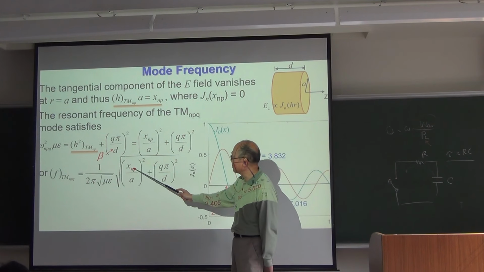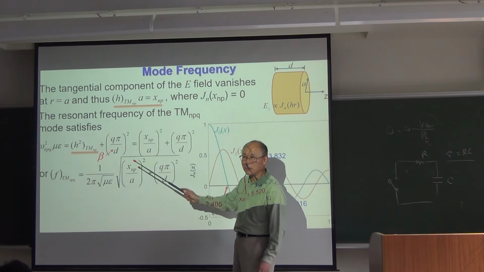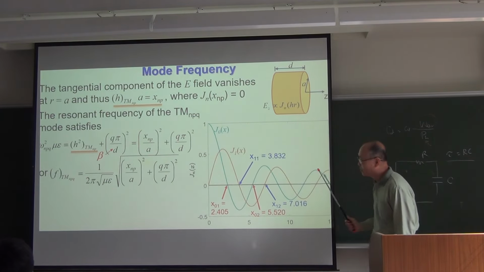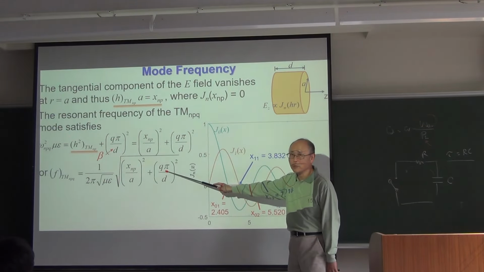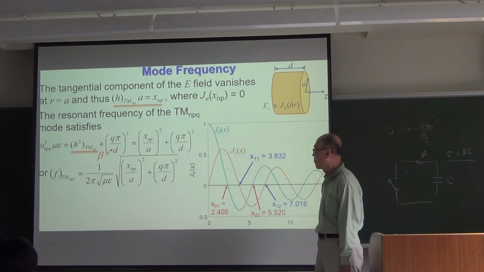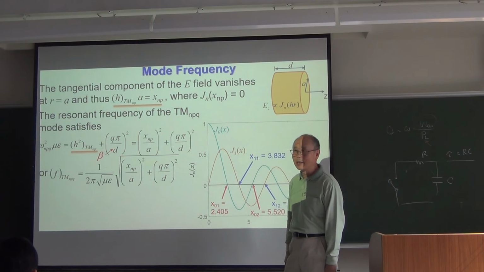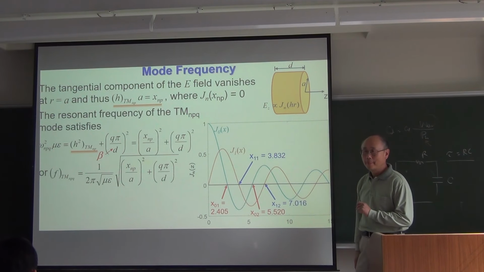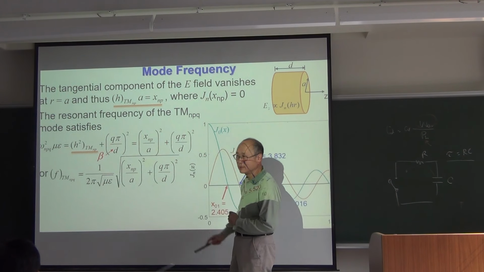And n, the first index here, refers to the mode number along phi direction. And p is the mode number along r direction. Okay. And q is the mode number along z direction. Previously we chose this q to be inside cosine. So the minimum value of q can be 0. And the minimum number of this n can be 0 as well.